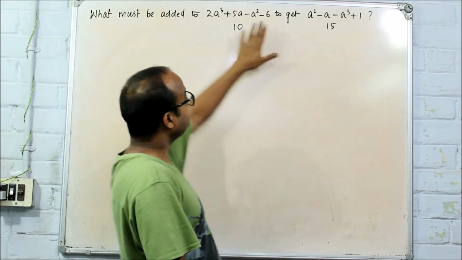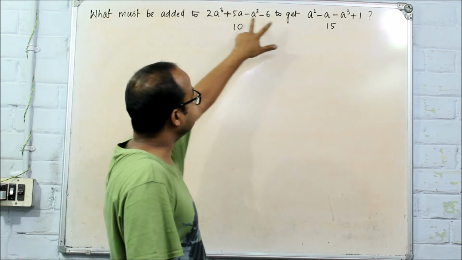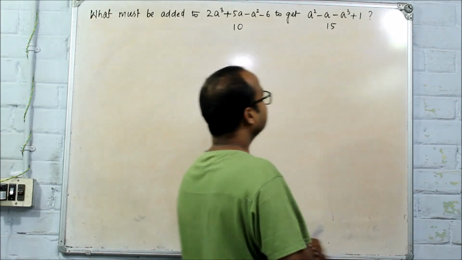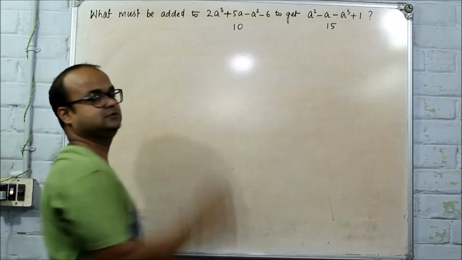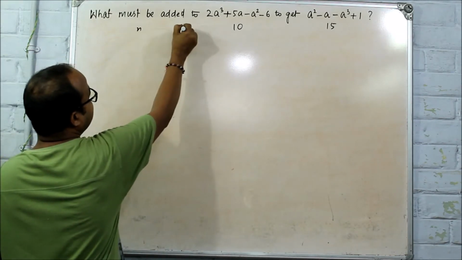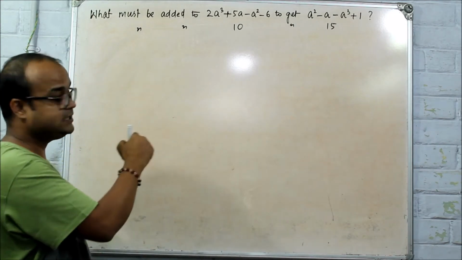When you are adding something, the number or the expression gets increased. So in the same way, what must be added to this expression to get this expression? We need to subtract this minus this. The way, if my question is what must be added to 10 to get 15, your answer is 15 minus 10.